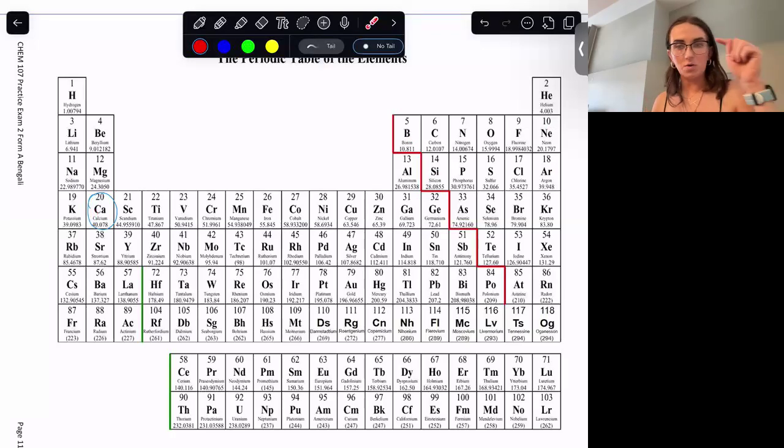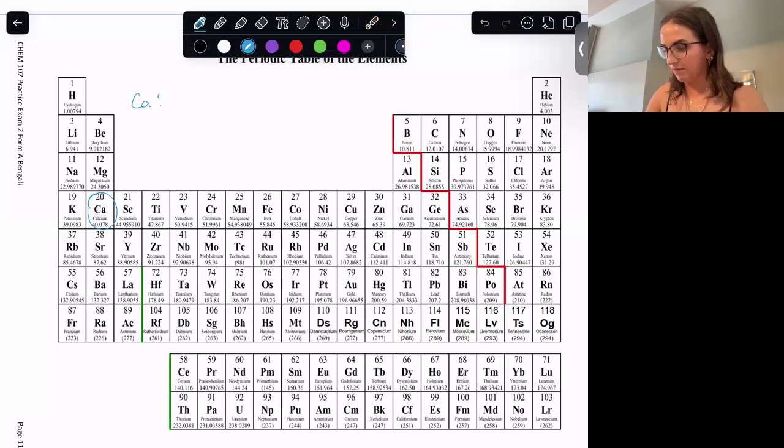We're just going to build and go across left to right the periodic table. So calcium would be 1s2, 2s2, 2p6, 3s2, 3p6, 4s2.